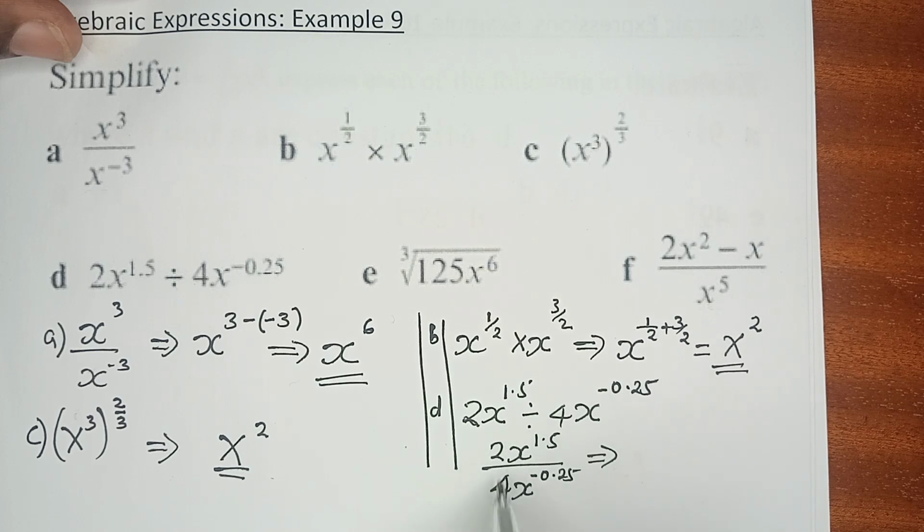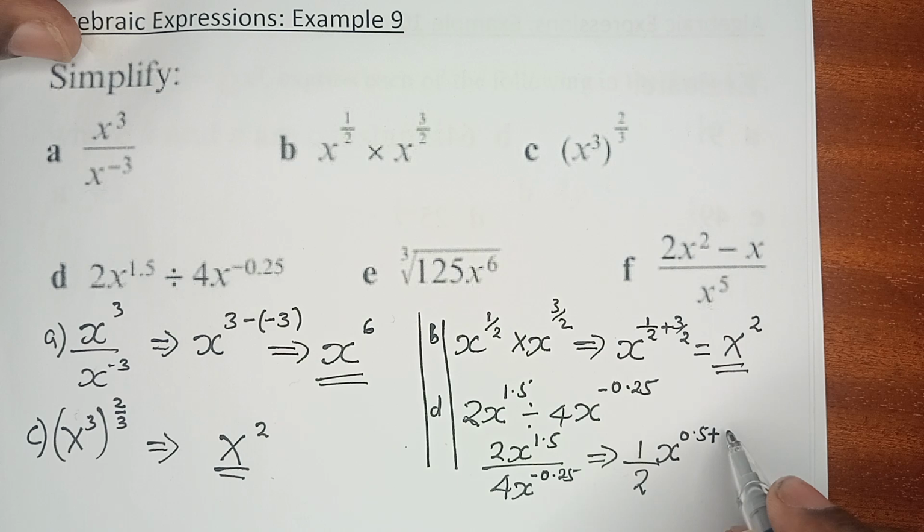The constant is 2 over 4, which is basically a half, 1 over 2. x raised to power 1.5 over x raised to power negative 0.25 is the same as x raised to power 1.5 minus negative 0.25. When we subtract a negative, it's the same as addition.